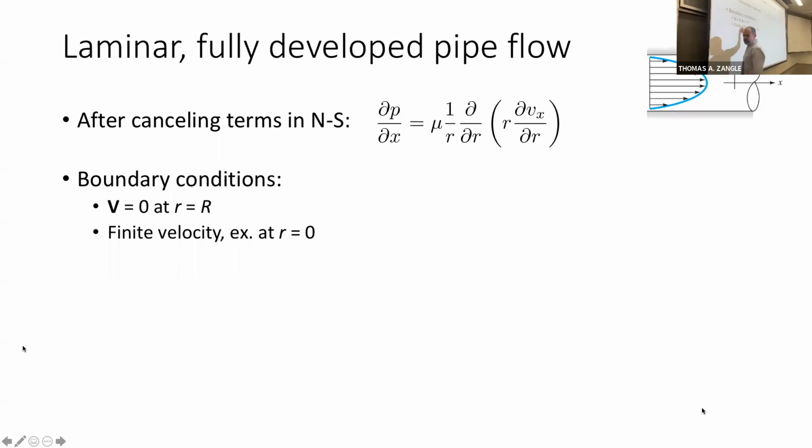We have this other weird boundary condition which pops up a lot of times in cylindrical coordinates or spherical coordinates, which is we apply it at r equals 0. We're going to say that we need a finite velocity, and we'll see why when we go through the next couple steps, why we need to impose this condition. But that's our second boundary condition here. It's a little bit of a non-standard boundary condition.